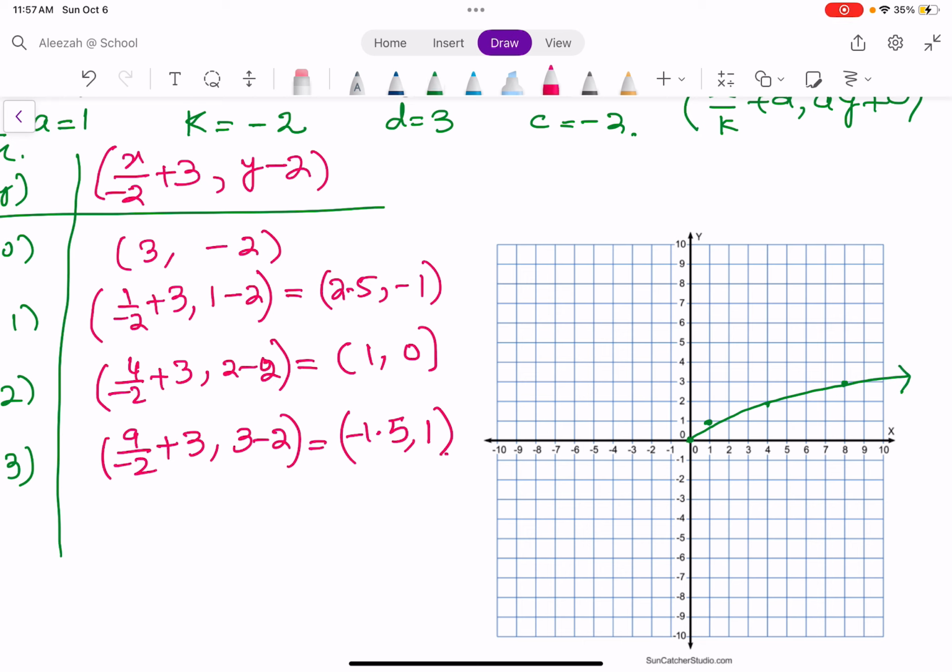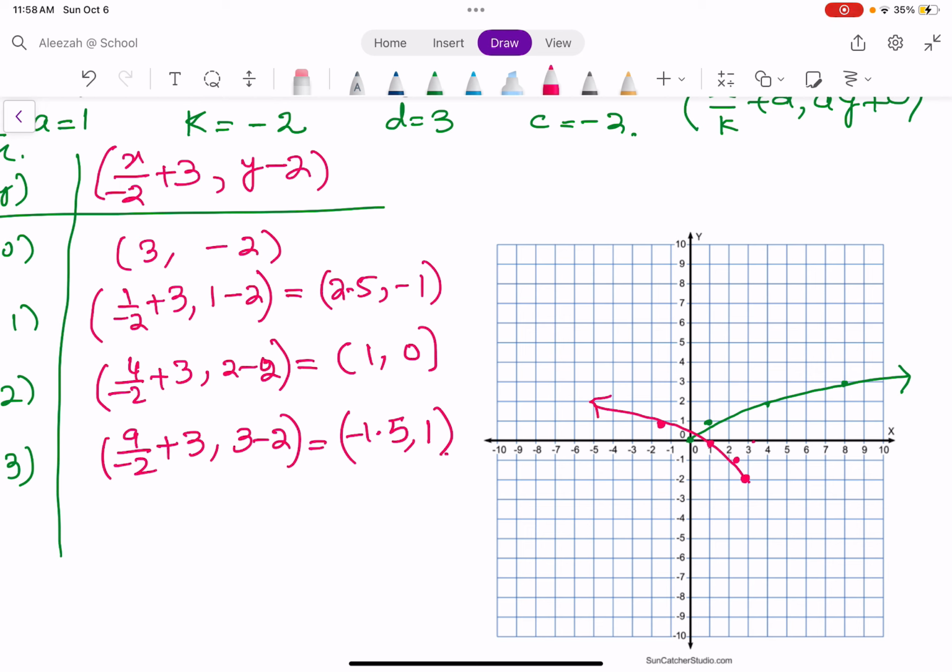So starting from x is 3 and y is negative 2. So that is the point. Then I have 2.5 and negative 1, which is right here. Then I have 1 and 0 is here. Then I have negative 1.5 and 1, so it's here, right? So my new graph will be like that, right?